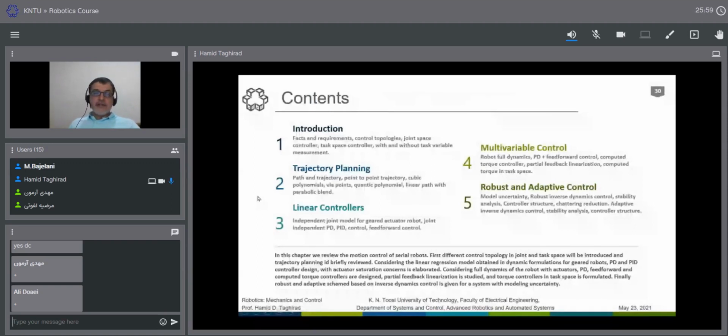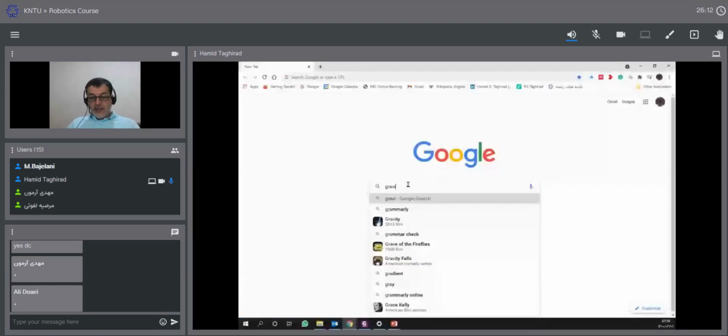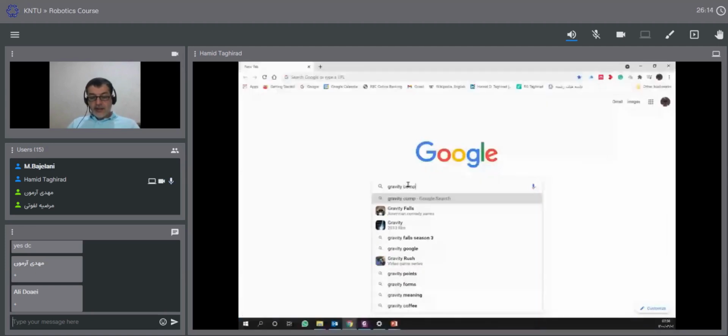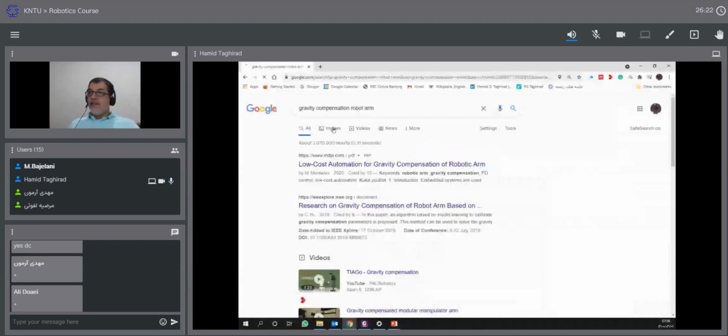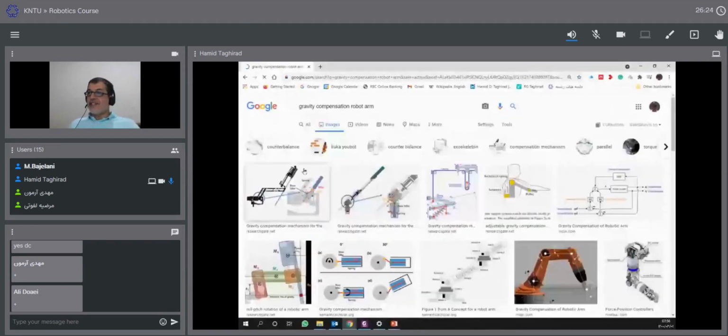Let me use, I hope that this is working, since we have internet, let me search for gravity compensation robot. And then go to the images. You find many systems that can be used.